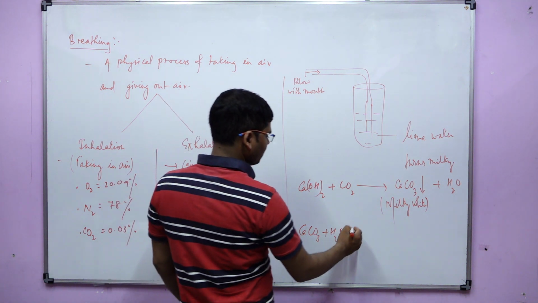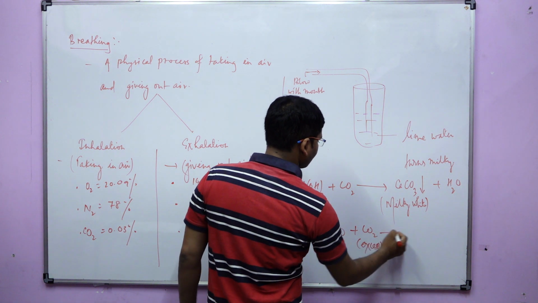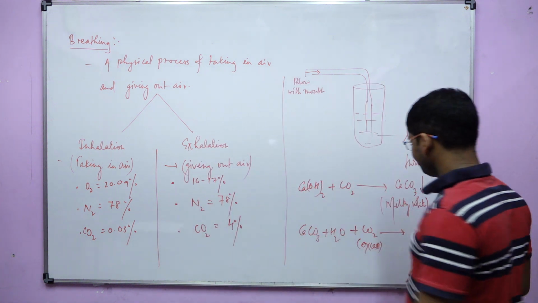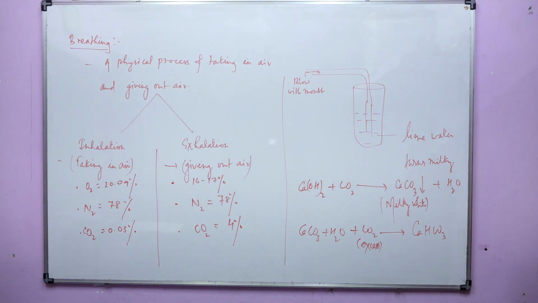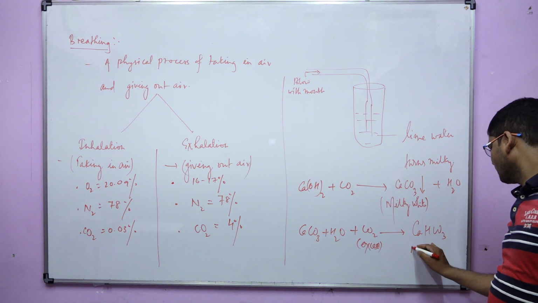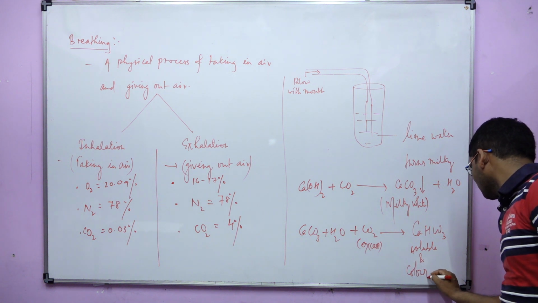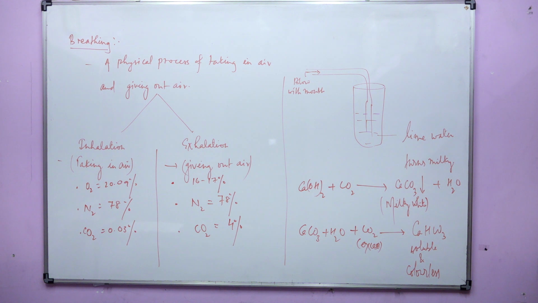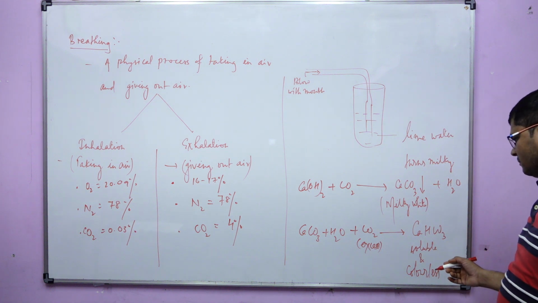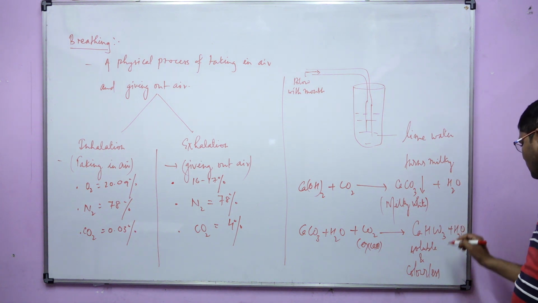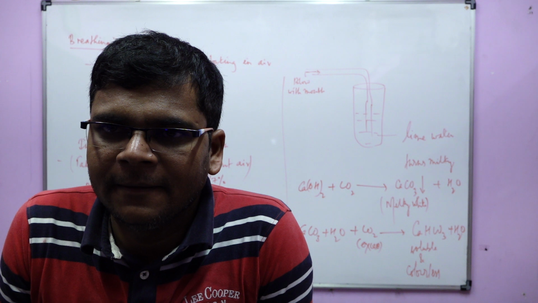But if you try to pass excess CO2, then you will get calcium bicarbonate, and this calcium bicarbonate is soluble in water and it will appear colorless again. Therefore, we have to understand that water soluble calcium bicarbonate is colorless.